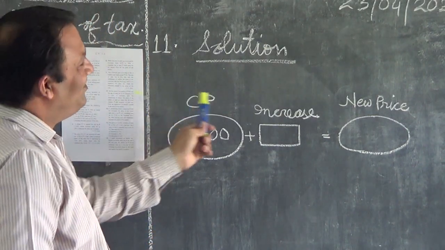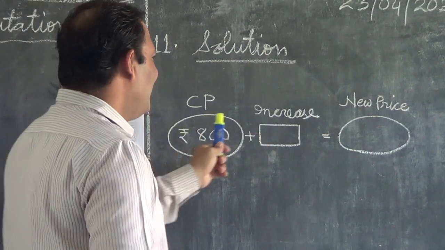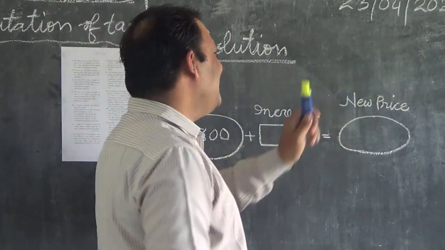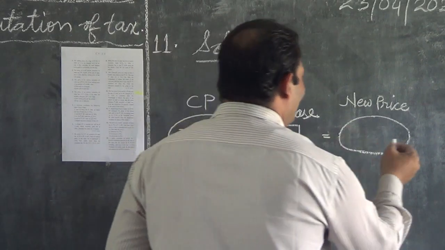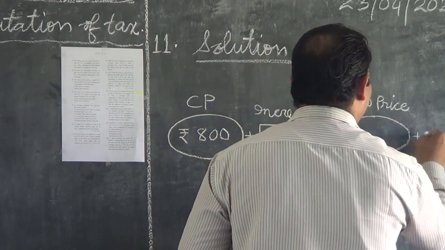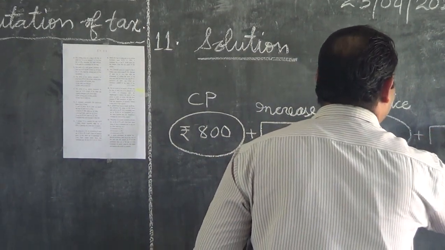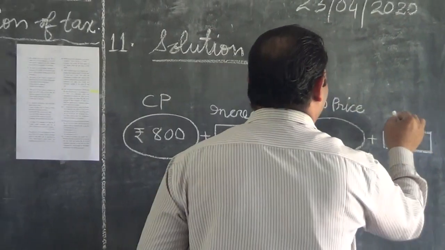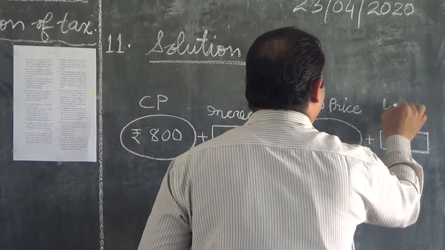Cost price plus some increase gave the increased price. And with the increased price, again what he did, he added the tax.